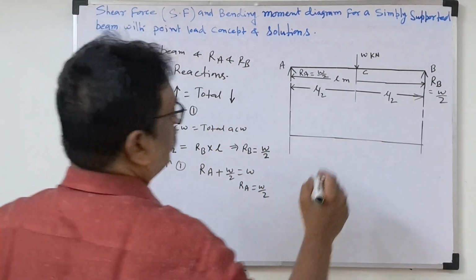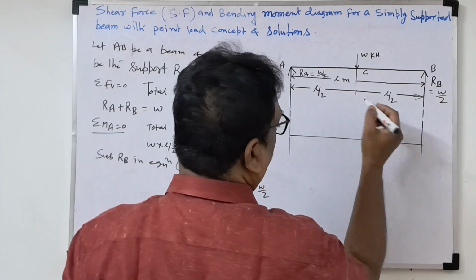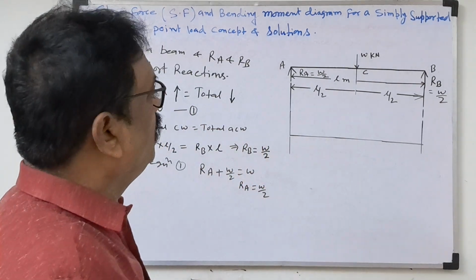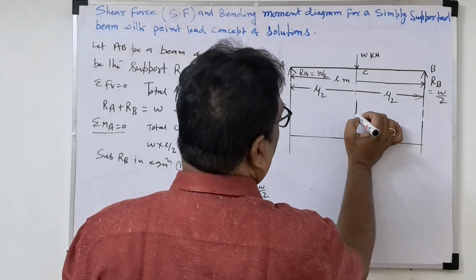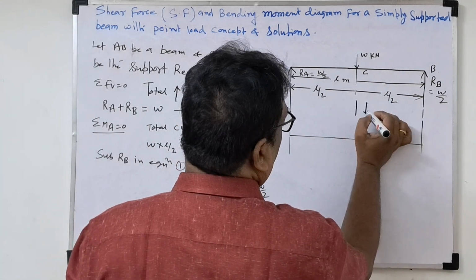Now what are the sign conventions? Similar to what we assumed for the cantilever beam, which we already did in a previous video. For sign conventions, always draw one section.